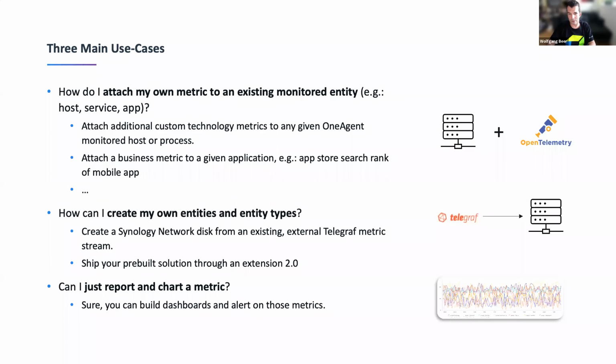And now the second use case, which is primarily what I'm speaking about today, is about how can I create my own entities and entity types out of the ingested data.